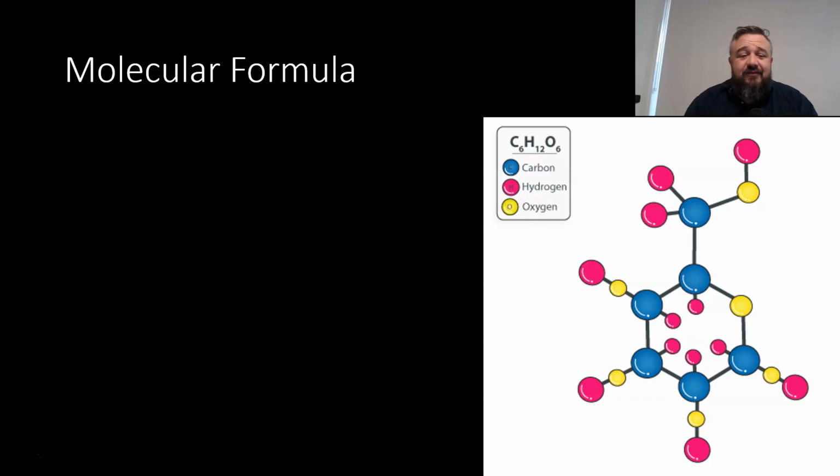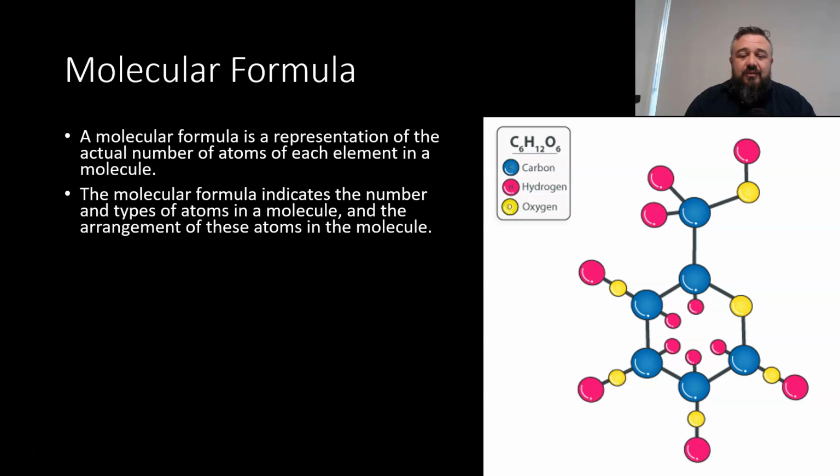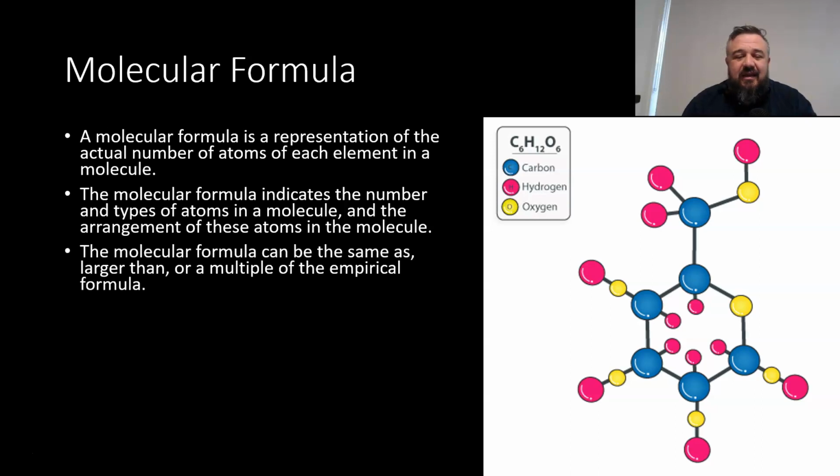We also have the molecular formula. A molecular formula is a representation of the actual number of atoms of each element in a molecule. It can be used to indicate the arrangement. It can be the same as the empirical formula, like the formula unit of a molecule.